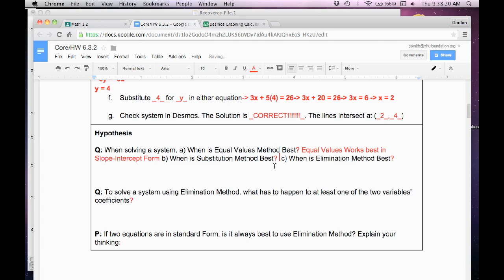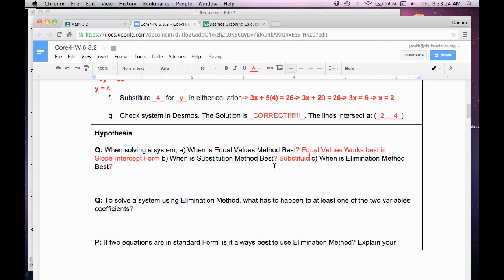Okay, substitution method. Substitution works best when one equation is in slope-intercept.